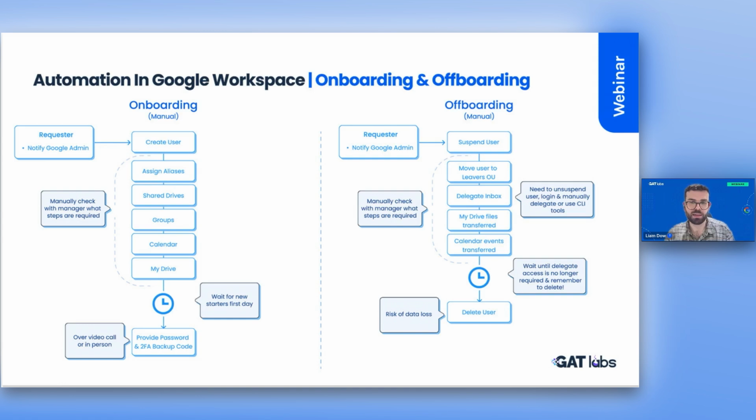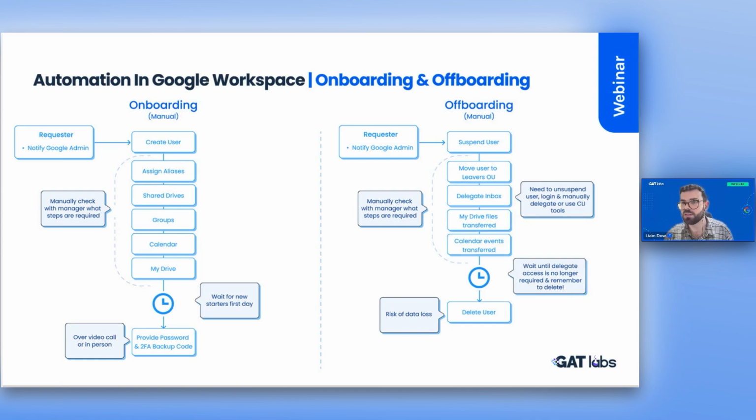And then maybe transferring the Drive files to somebody else, and freeing up calendar events. Again, leavers might have recurring calendar events in some of your meeting rooms, and they could stick around, and people can't book a slot because somebody who's left the organization has an hour recurring event every week at a certain meeting room.